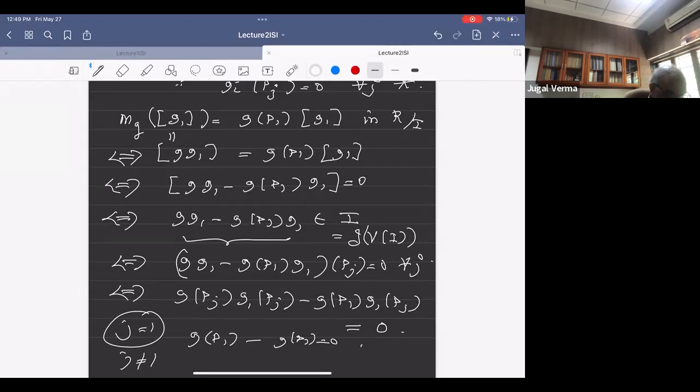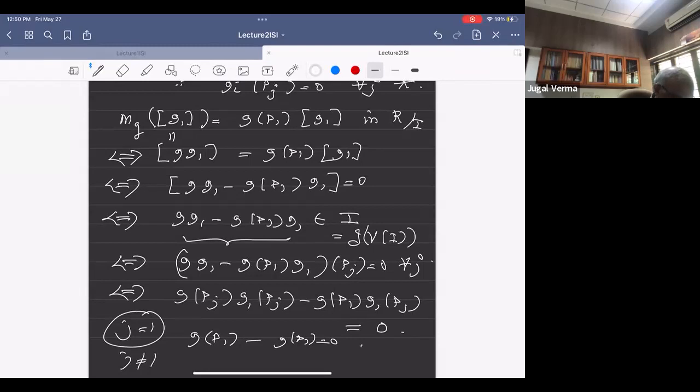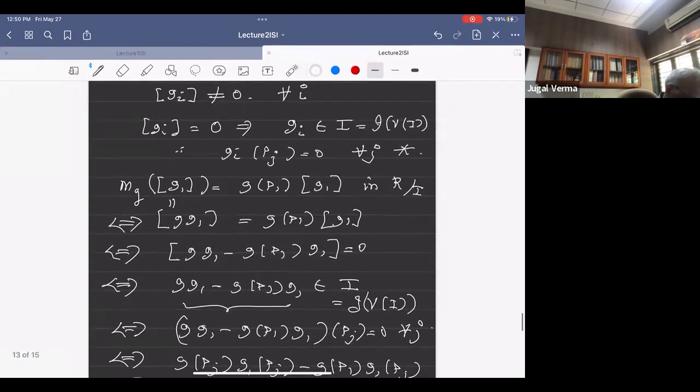Because G1(Pj) will be 0. G1(Pj) is 0 when j is not equal to 1. This is a Lagrange interpolation polynomial. So we have verified that this equation is true. So therefore, this vector is an eigenvector with eigenvalue g(P1) and the linear transformation is Mg.